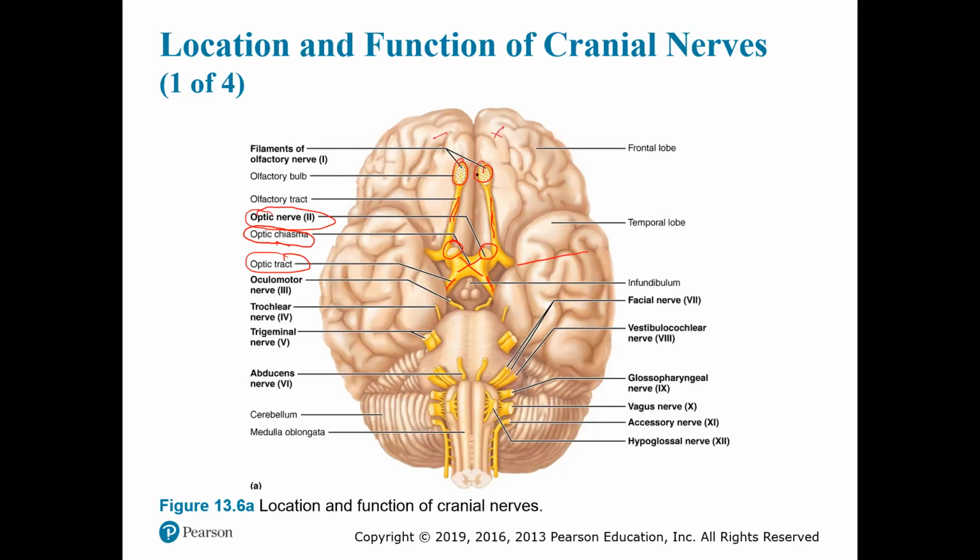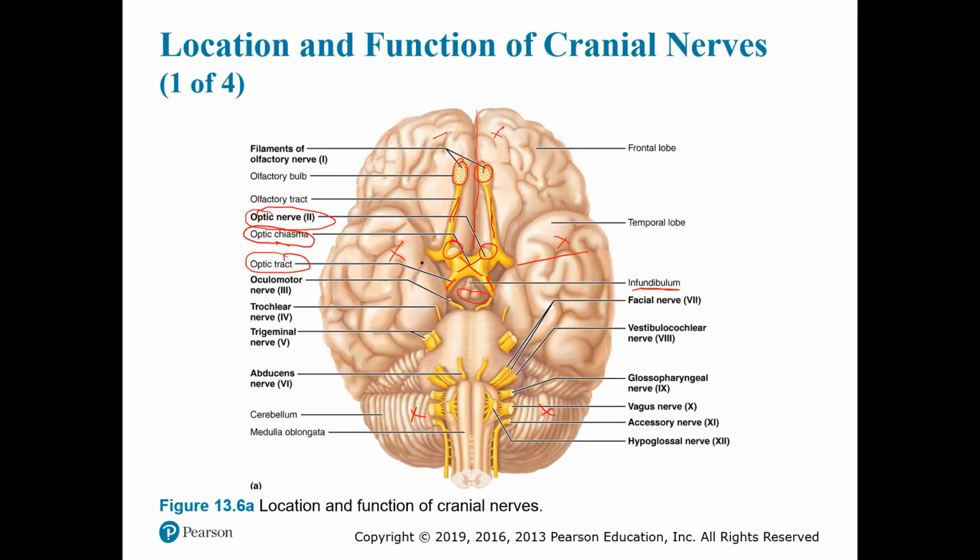Here's the longitudinal fissure. And down here is your cerebellum, because you're looking at an inferior view of the brain. These are temporal lobes here, actually. All right. And this is the pituitary gland here, and the infundibulum is the stalk that connects the hypothalamus to the pituitary gland, anterior and posterior, which you know something about.